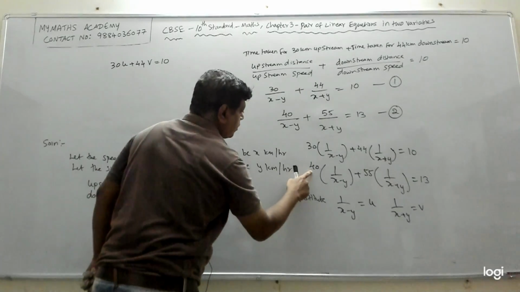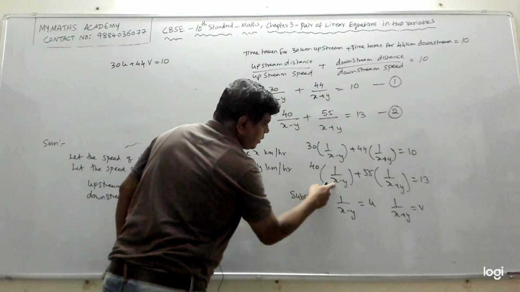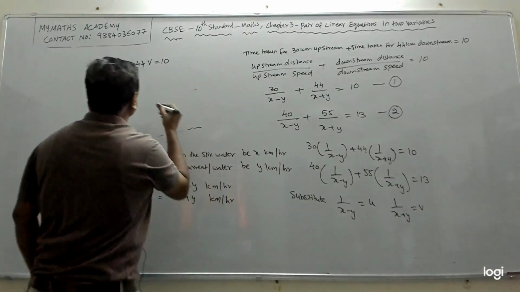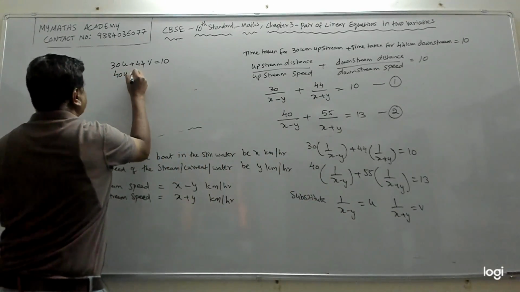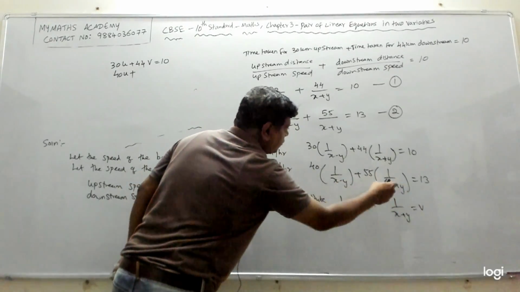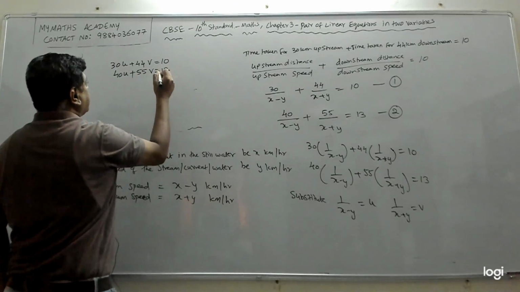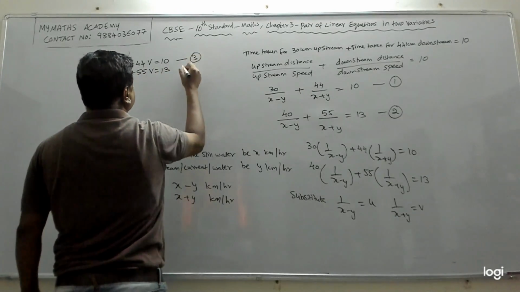Now similarly here, 40 into 1 by x minus y, which is u, so this will become 40u, plus 55 into 1 by x plus y, which is v, so 55v equal to 13. You call these equation 3 and equation 4.